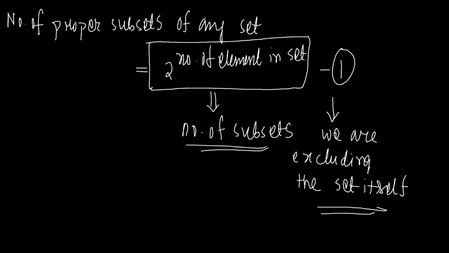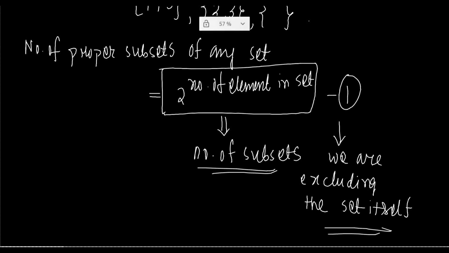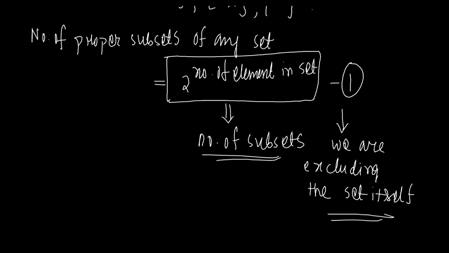That is why the number of proper subsets of any set is 2 to the power of the cardinal number of the set, minus 1. In the proper subset we are excluding the set itself, but in subset we used to count the set itself.